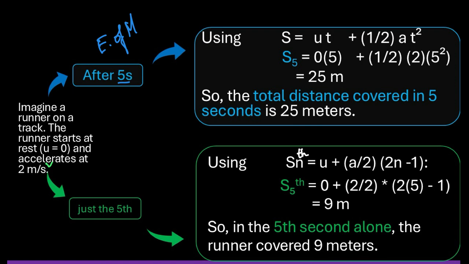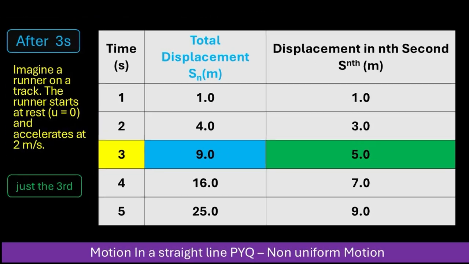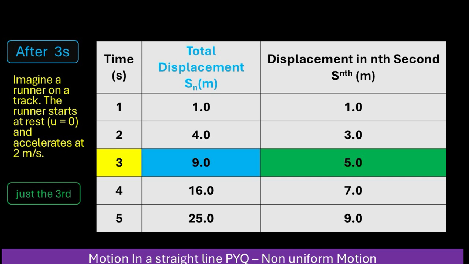Okay. Now let us try to go a bit deeper. What if the question was after 3 seconds and just in the 3rd second? Now, I don't want you to copy down this table here. I want you to analyze these two equations and find out all the values. Maybe just write it down.